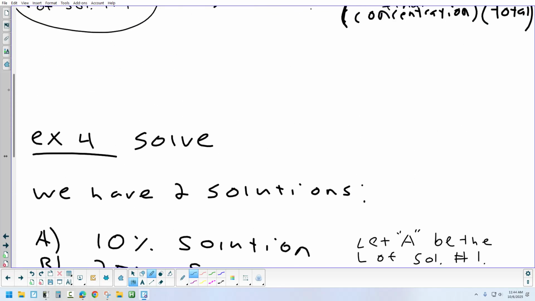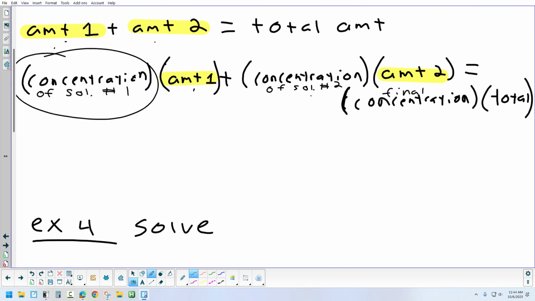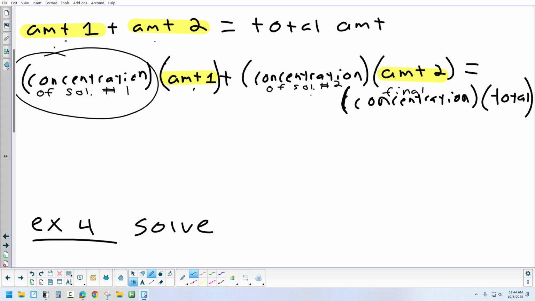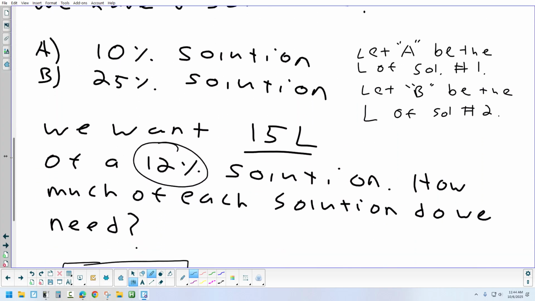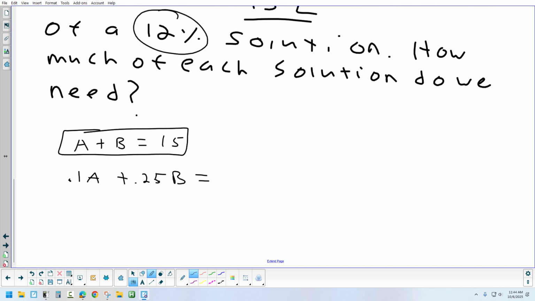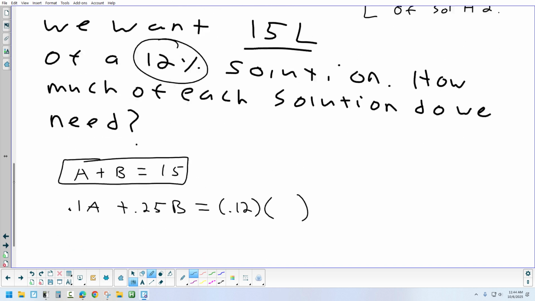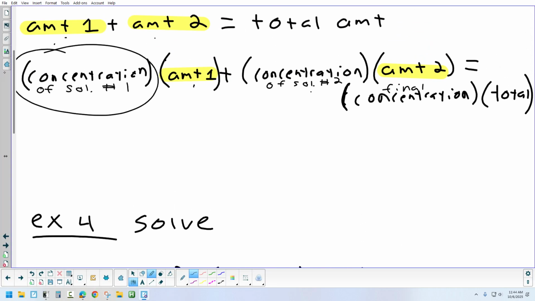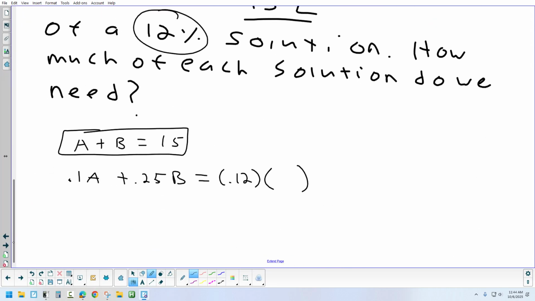And now, what's the final concentration? When I mix the two together, they want me to have a concentration of how much? 12% times the total, which we already know from up above is how much? 15.